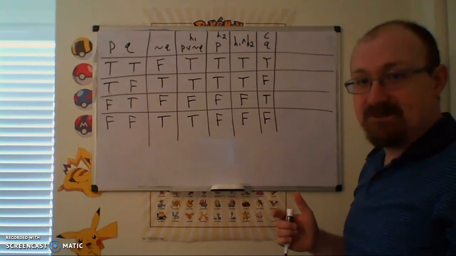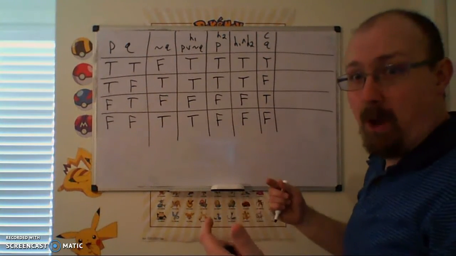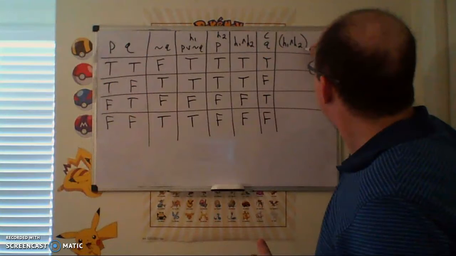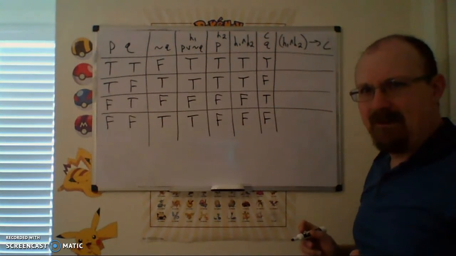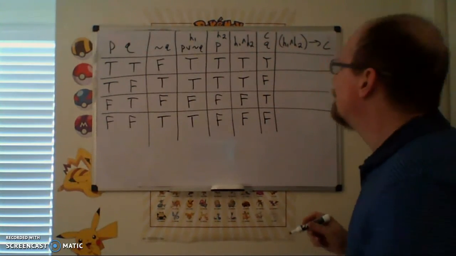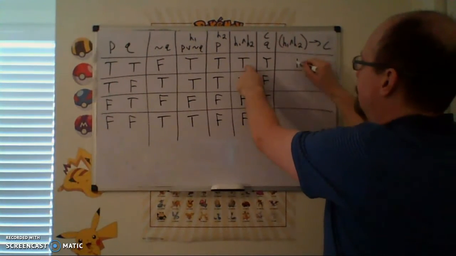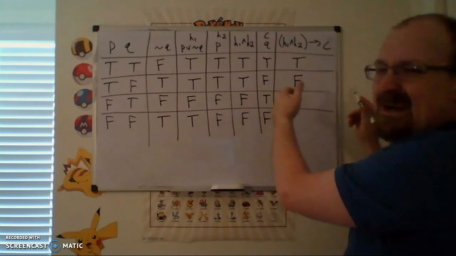And maybe you see where this is going. It's okay if you don't, because we should still work out the last column for the big honking conditional. H1 and H2 implies C. You say I was worried I was going to have some trouble with space on this. So true implies true. Again, true implies true is in fact true. True implies false. That's a false.